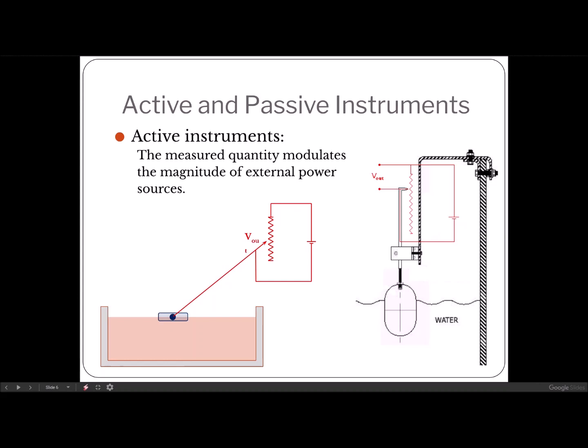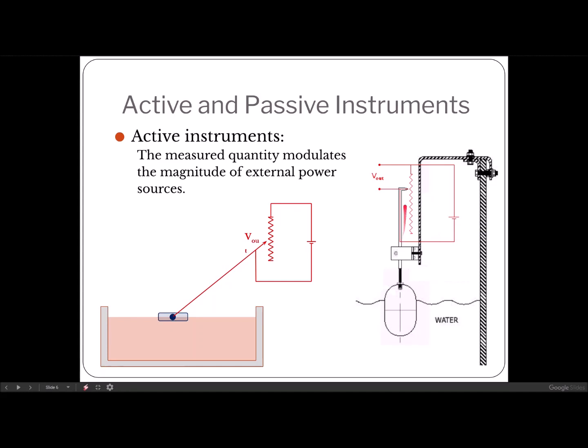So let's take an example of again a device to measure the height of the water level, same as before. When the level of the water is increasing, this float will also rise. But instead of connecting this bar to a scale, we will connect it to a resistance.